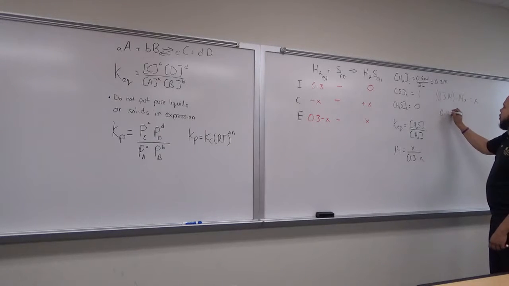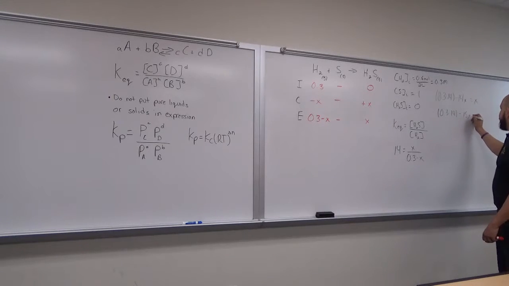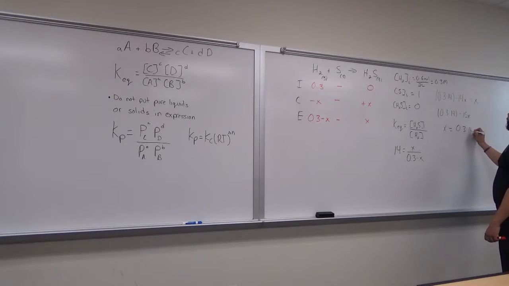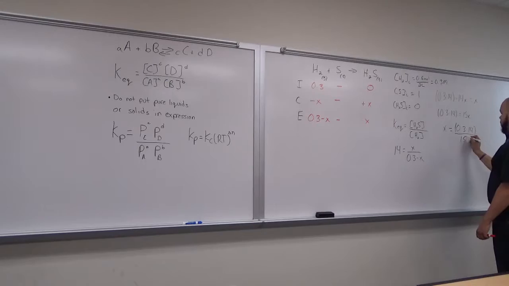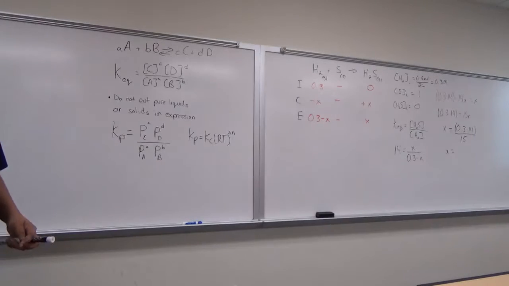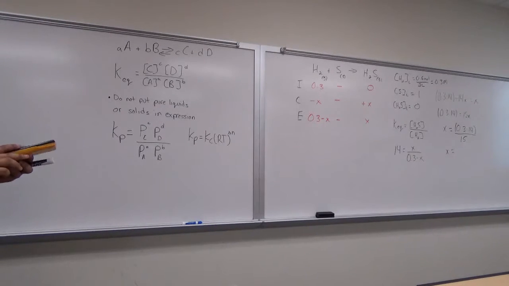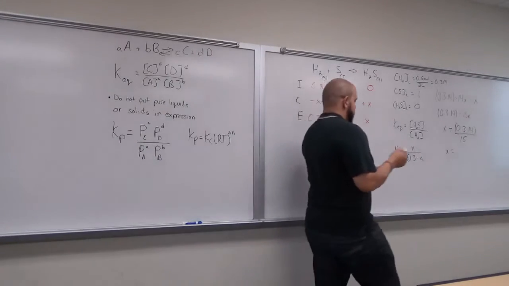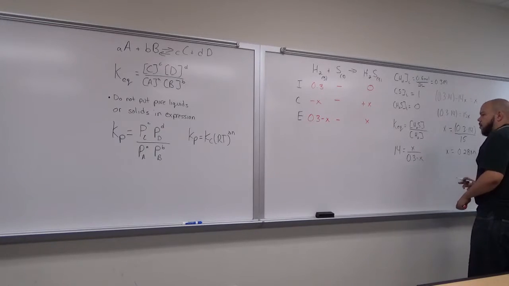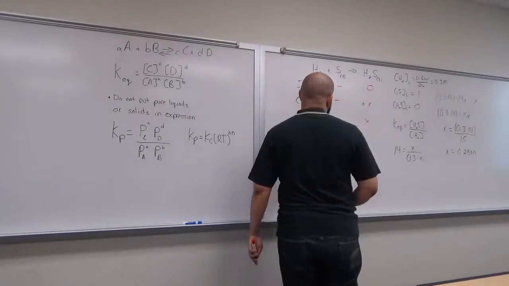So we get 0.3 times 14 equals 15x, and therefore x equals 0.3 times 14 over 15. Just algebra. 0.3 times 14 divided by 15 is 0.28. 0.28 molar is the concentration of our product.